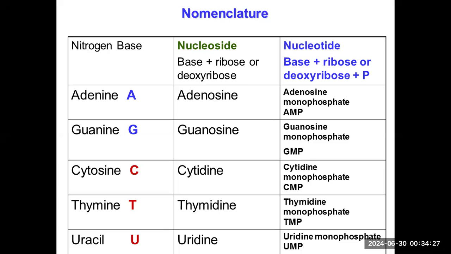Uracil, when combined with the sugar ribose, makes uridine. That is the nucleoside of uracil. When the uridine nucleoside combines with a phosphate group, it makes a nucleotide, uridine monophosphate or UMP. And for two phosphates, UDP, and three phosphates, UTP.